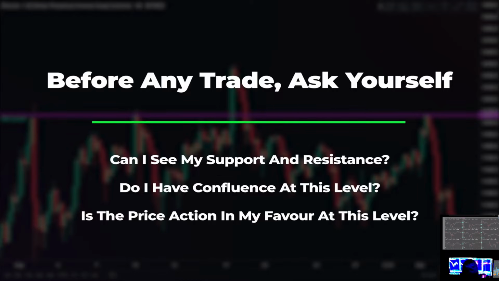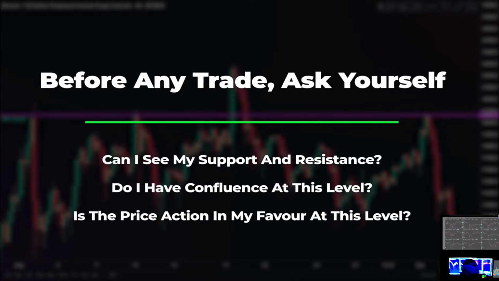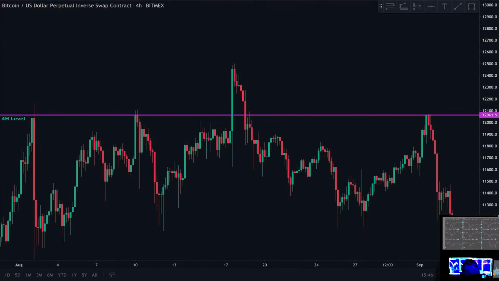Number 2, you need to have confluence of Fibonacci zones, major levels, or both of them. Then you need to ask yourself, is the price action confirming the setup I want to take? If you get 3 yeses, then you enter. I'll show you guys how to do this real quick, but if there's anything less than 3 yeses, then you don't do it. Let's get it.